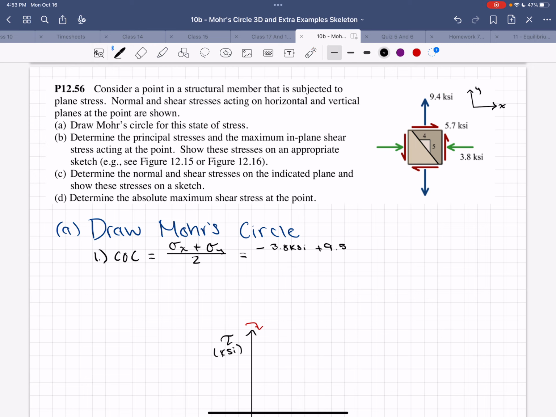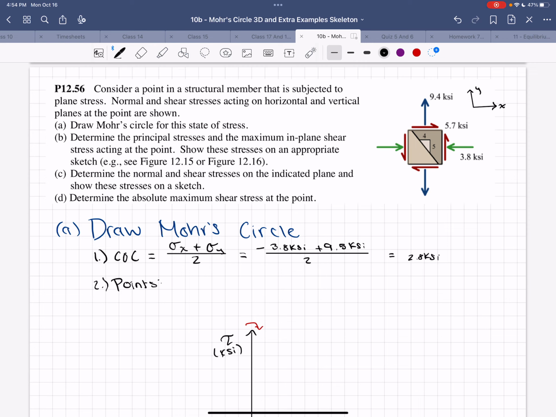Plus 9.4 ksi, all divided by 2. So the center of the circle is at 2.8 ksi. Then we're going to do 2 points, not just 1 point, that are going to be 90 degrees apart in real life and 180 degrees apart on Mohr's circle.